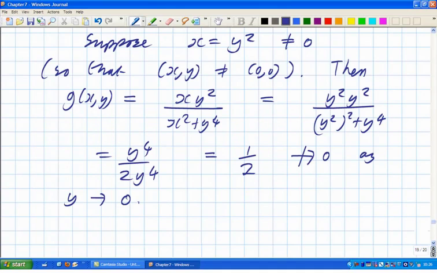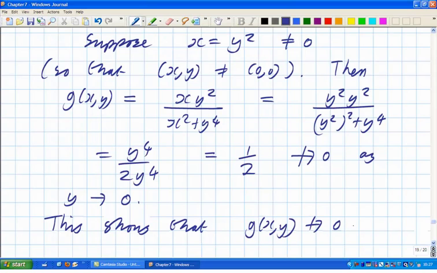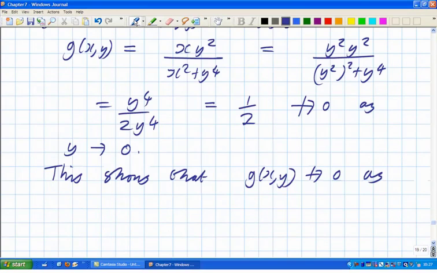Notice that y is not 0 here, otherwise we'd be dividing by 0, and this would be wrong. That's equal to a half, which does not tend to 0 as y tends to 0. So if you approach the origin along the curve x equals y squared, you don't tend to 0.